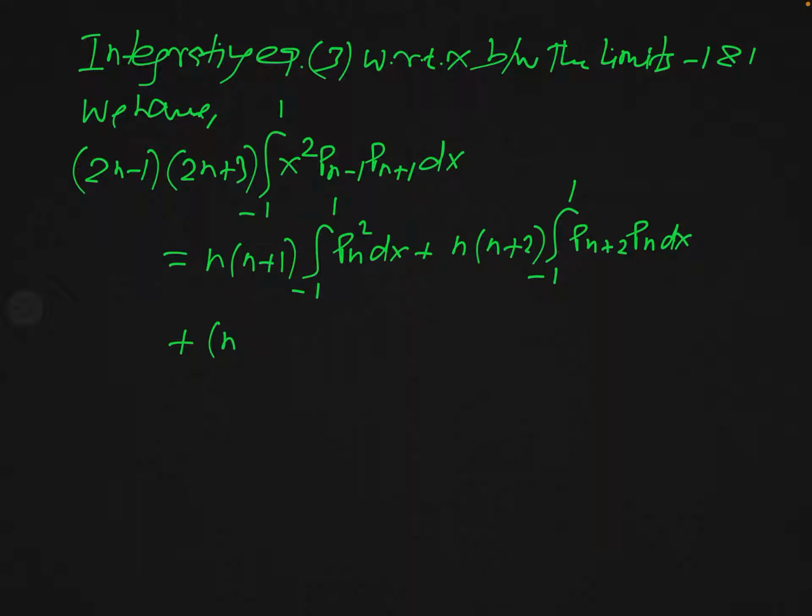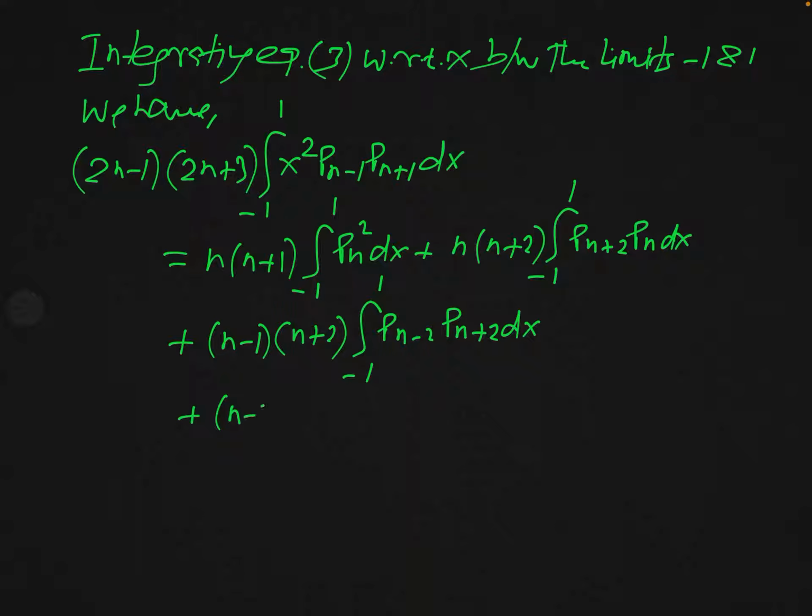Now see the third term in RHS. This is n minus 1 into n plus 2, integral from minus 1 to plus 1 Pn minus 2 into Pn plus 2 dx, and plus the last term.